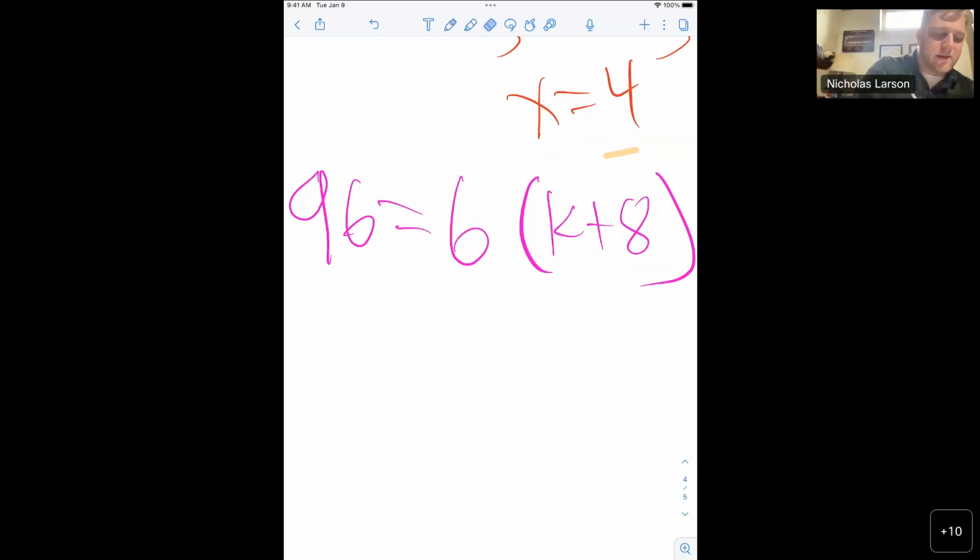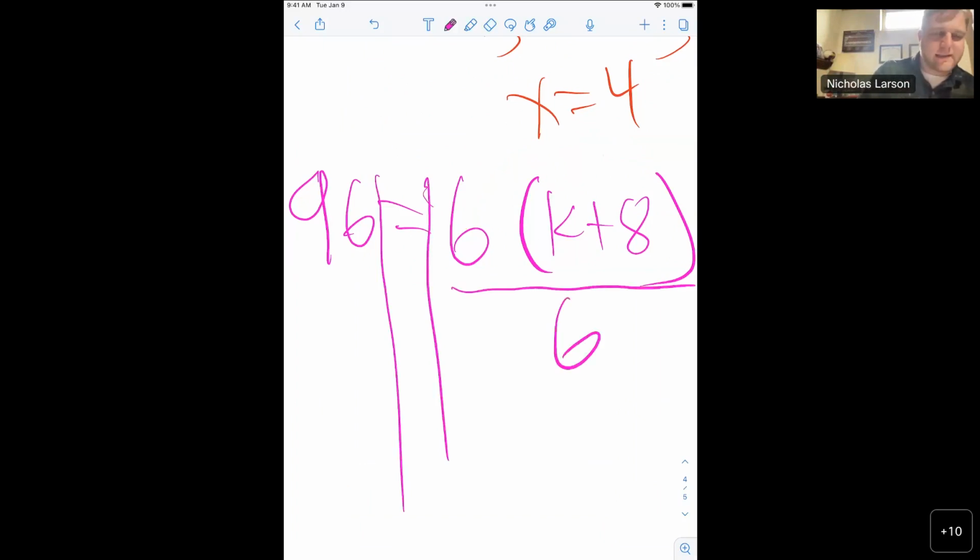So this will save me some steps. Instead of multiplying this 6 into everything, I'm going to divide this right side by 6. And if I divide the right side by 6, I got to divide the left side by 6.